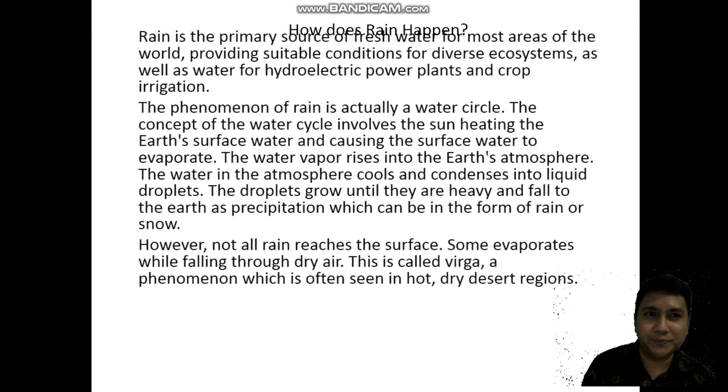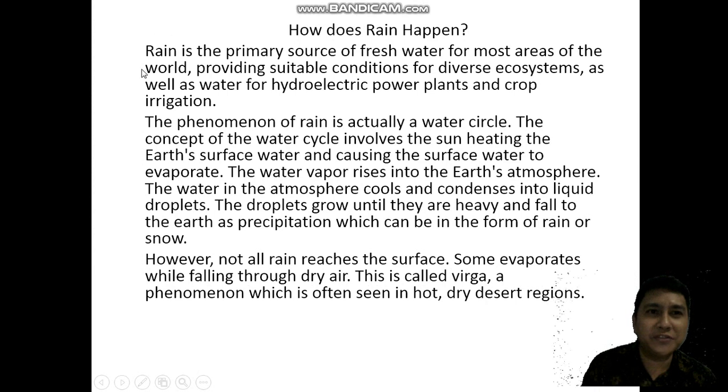Okay. So here is the example. How does rain happen? If you take a look at the first paragraph, this is the general statement. Rain is the primary source of fresh water for most areas of the world, providing suitable conditions for diverse ecosystems as well as water for hydroelectric power plants and crop irrigation. Everyone knows about this. So this is called a general statement.